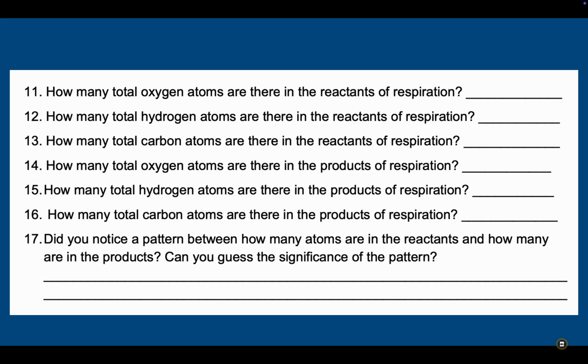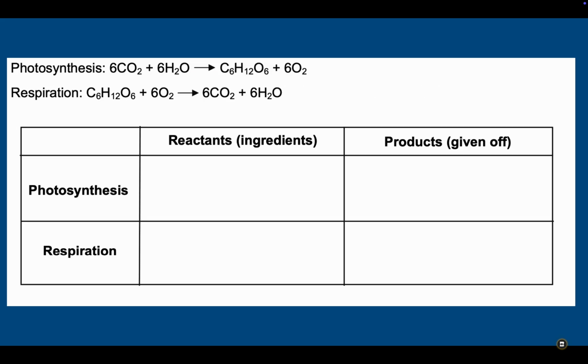I'm not necessarily looking for one particular answer. I just want to know, what are your thoughts about the photosynthesis and cellular respiration formulas? If you can't remember the formulas, or if you're really having a hard time, go back to this second page after the background information paragraphs.